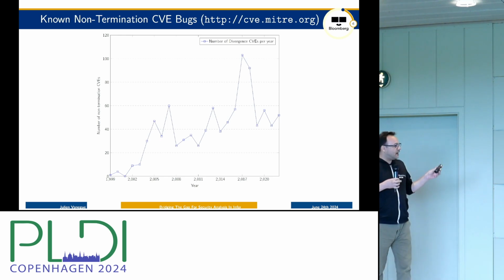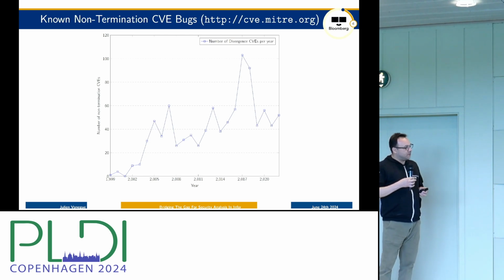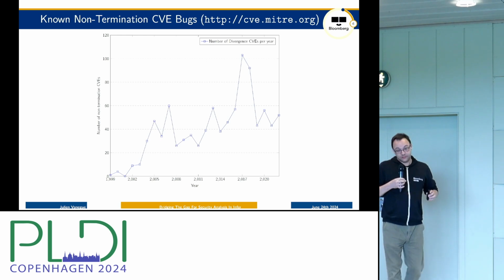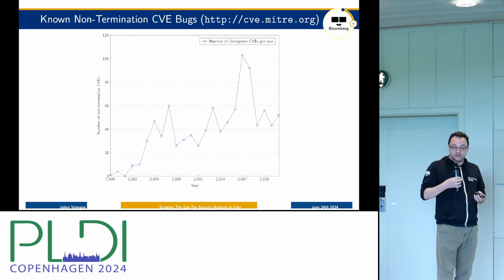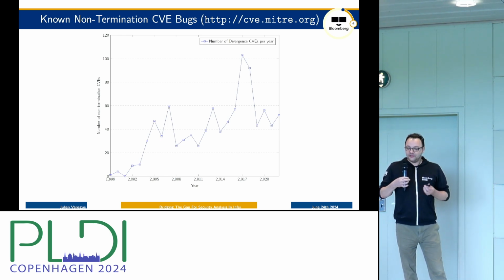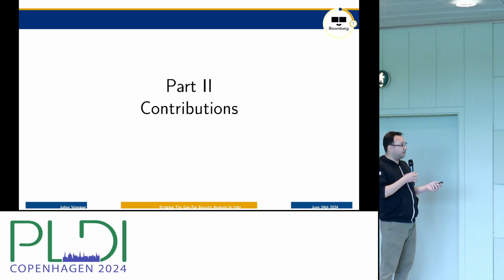Even this year we found, by we I mean the community, about 60 bugs already, which is almost as much as last year at the end of the year. So people keep finding more and more non-termination bugs, but they get lucky. Maybe a user actually discovered one such bug, but there's no systematic tool that can be used at a very large scale to find these kinds of bugs.